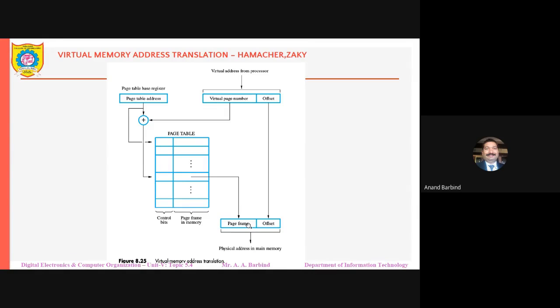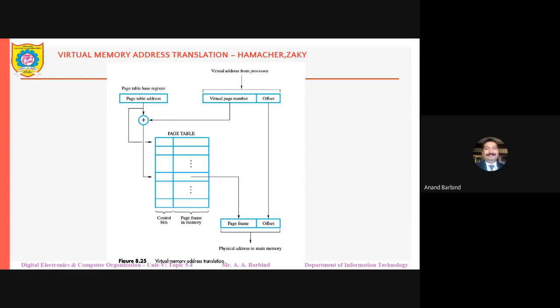But the point to be noted is that whenever you go into the page table, you may not get the address of the page frame. For example, all the entries in the page table are not filled. Only a few of the entries in the page table are filled, while the other entries are not filled.